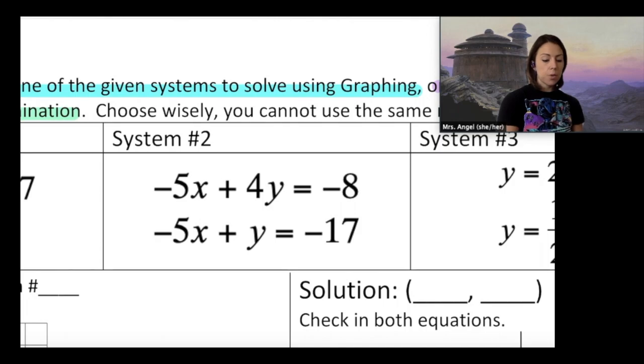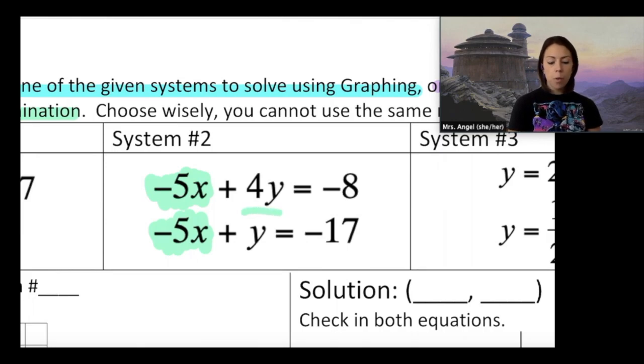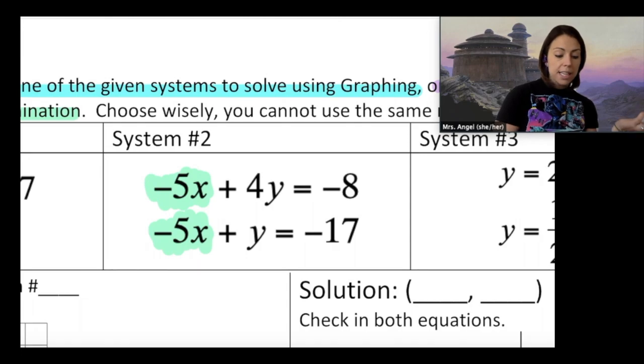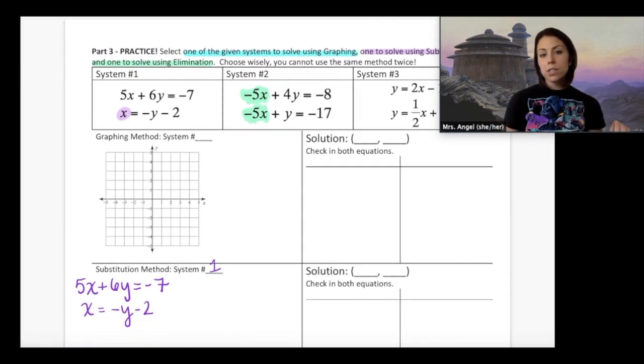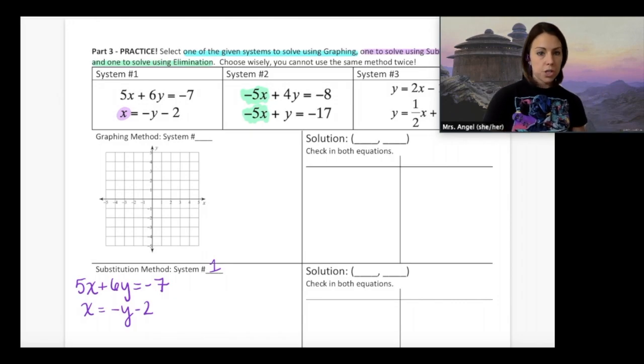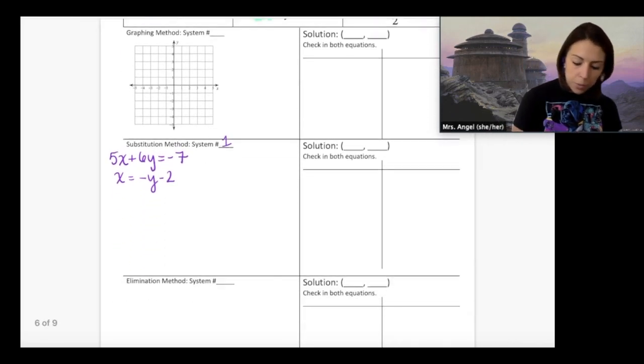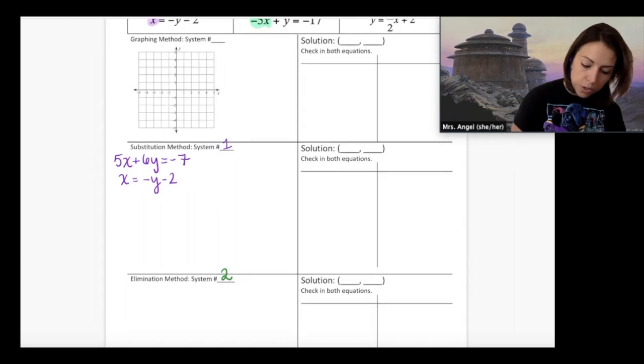We're already doing that. What method would you use for system 2? I see equal terms. I see a -5x on top of a -5x. And then I also see that my y's, equal signs, and constants are all aligned. So that leads me to conclude that system 2 would be best solved using elimination. So down here, it looks like we're solving system 2 using elimination.